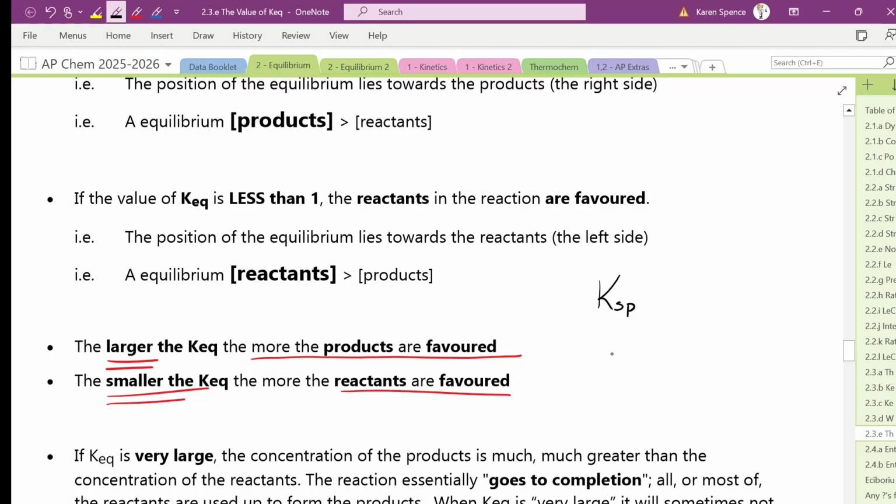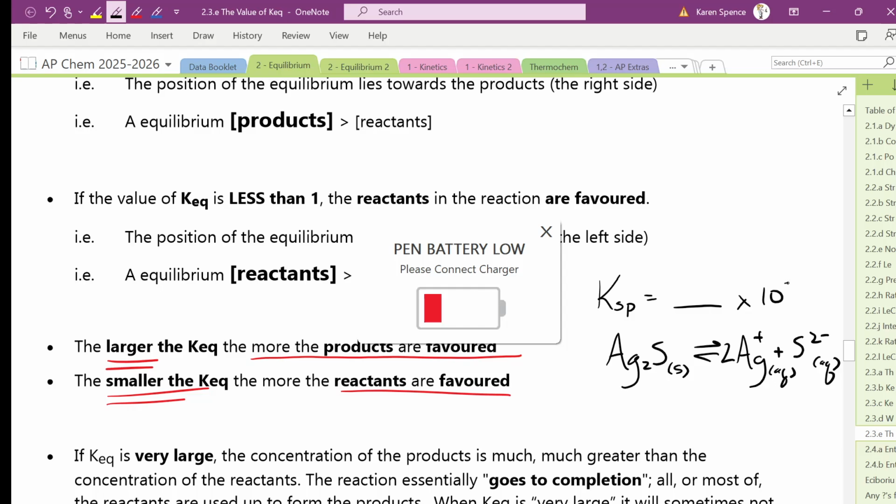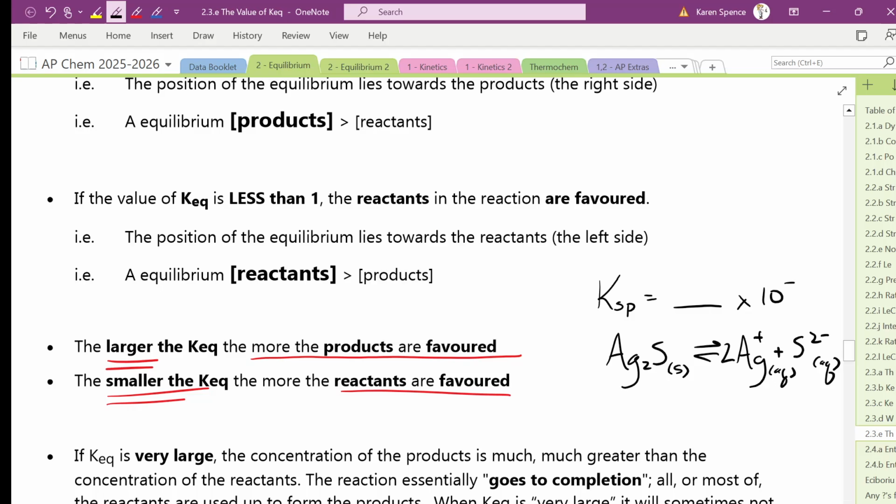And the KSP for Ag2S going to two Ag plus and S 2 minus aqueous is something times 10 to the negative, like a lot. 30? Okay, they can get really tiny. I'm totally making up that number, but it can be very, very small.